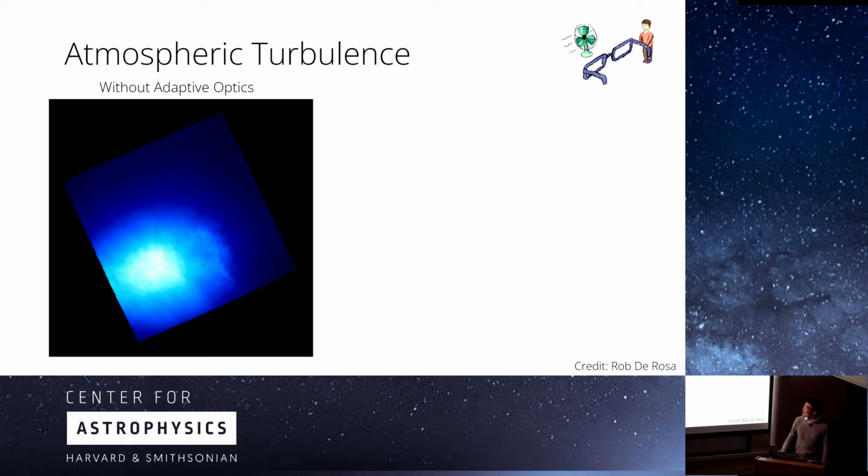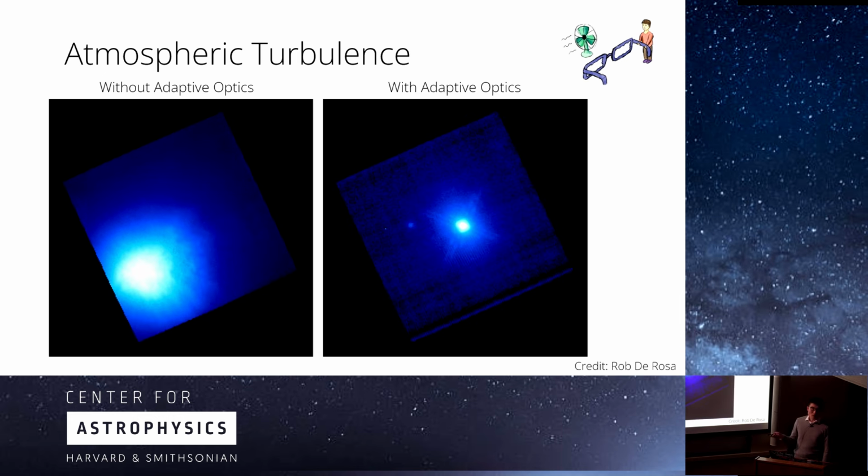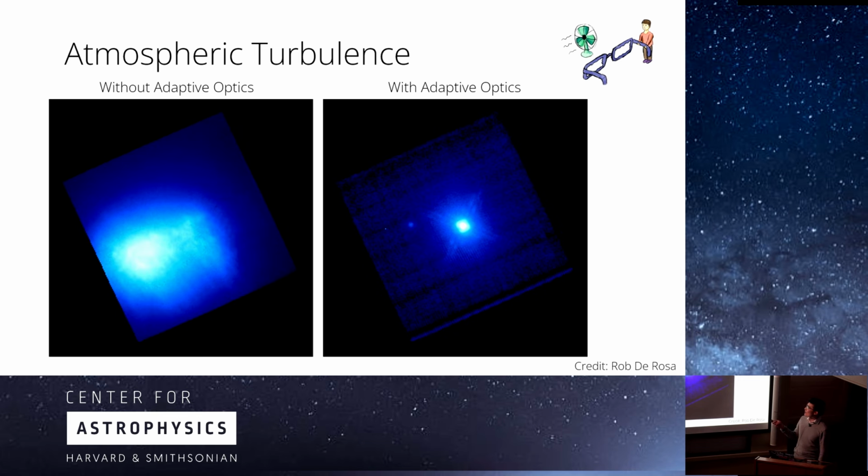And then when we turn on adaptive optics, we can see that we can concentrate the light of that star into a very tight core. This is a diffraction-limited point spread function. And then if you're looking very carefully, you'll notice that there's actually a second point source in the image. This is a binary star. This binary star would have been completely hidden under the glare of the primary if we didn't have adaptive optics.